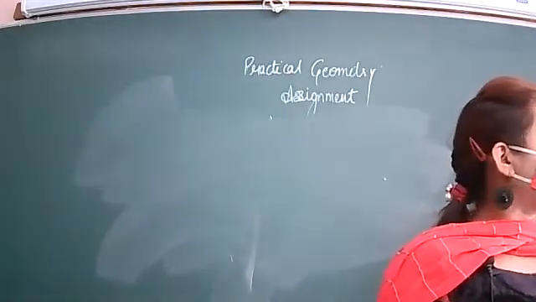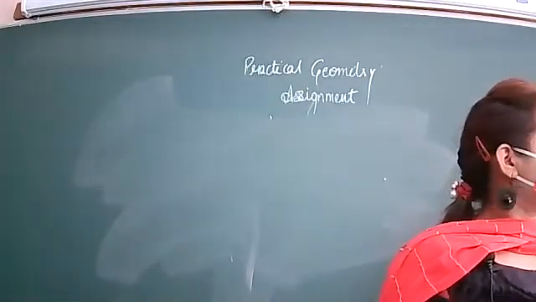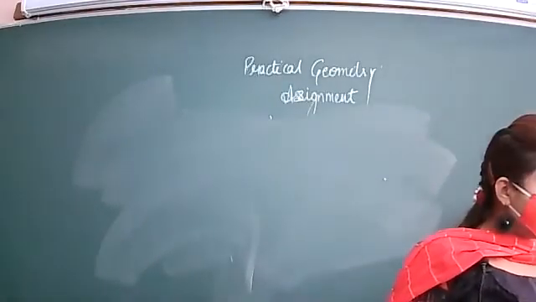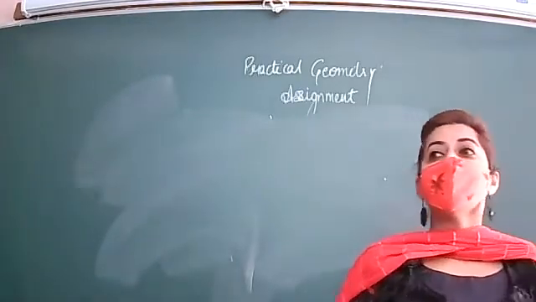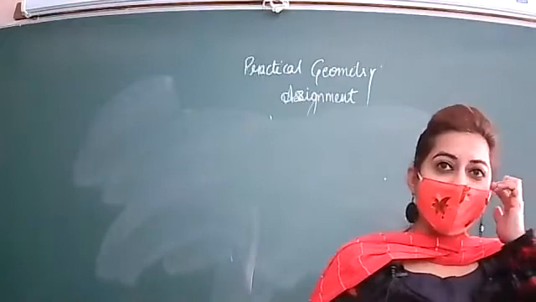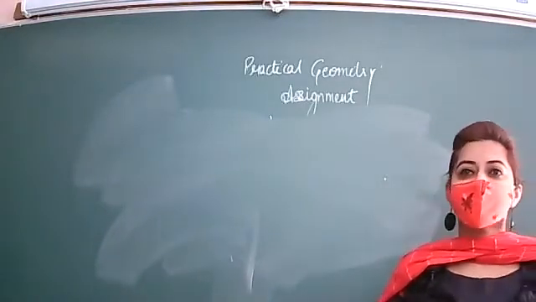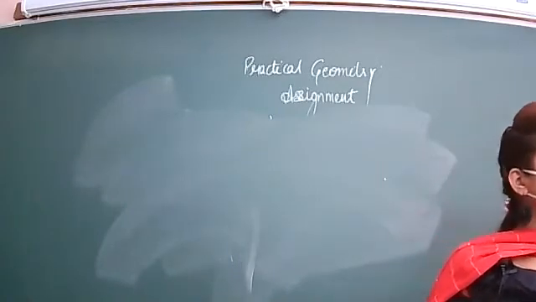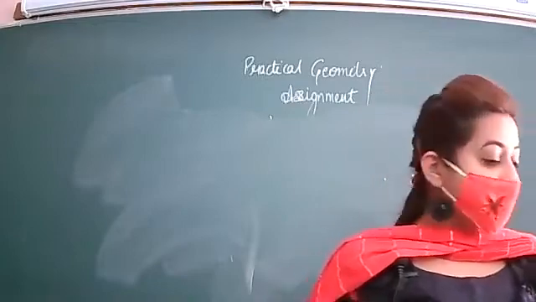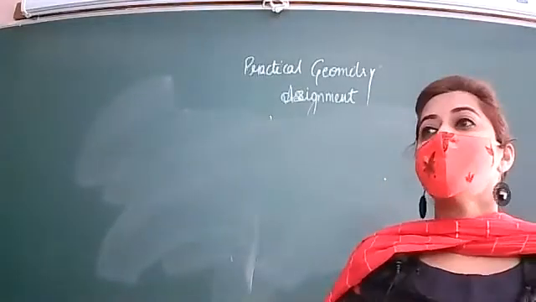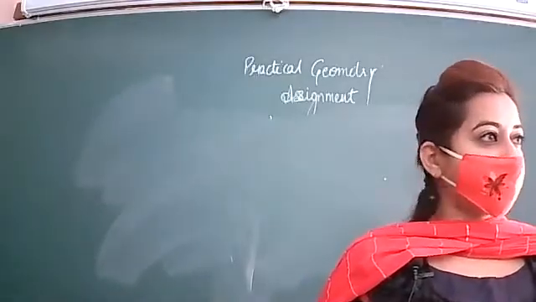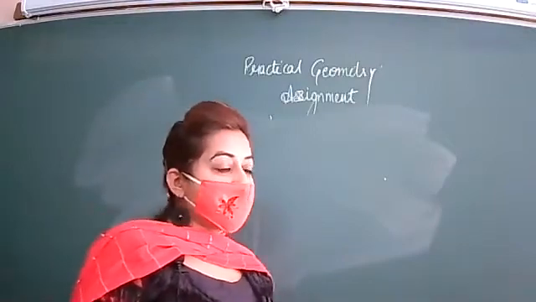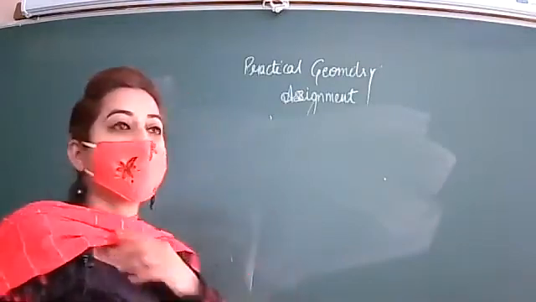Construct its perpendicular bisector and let it intersect the circle at B and D. What type of quadrilateral is ABCD? Justify your answer. Now look here.